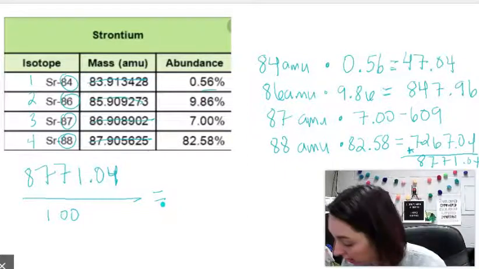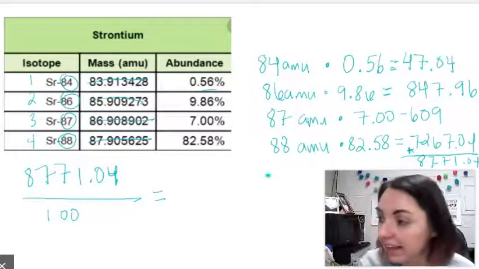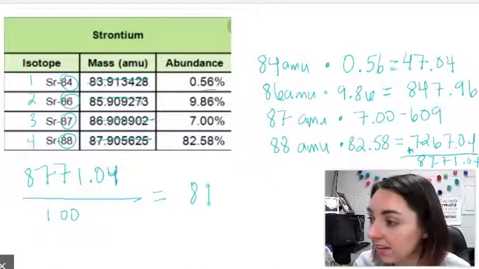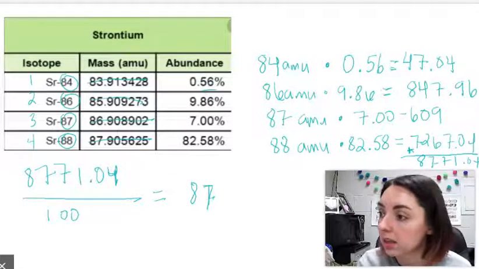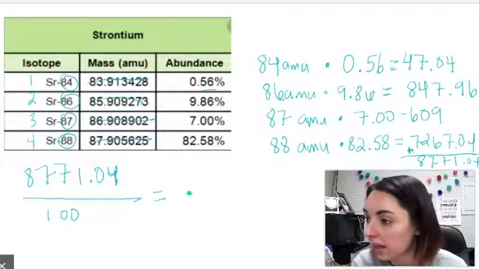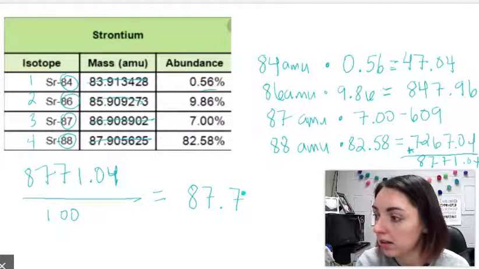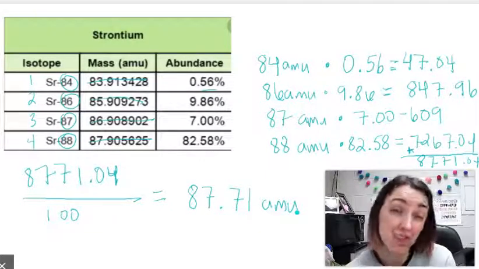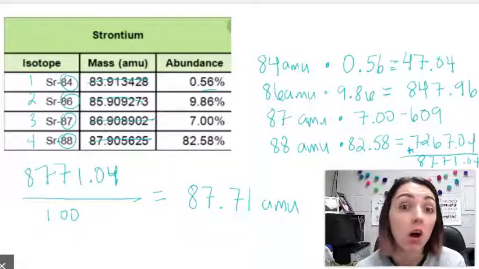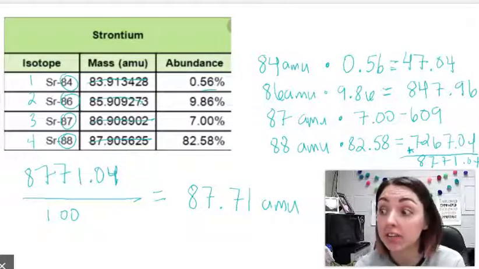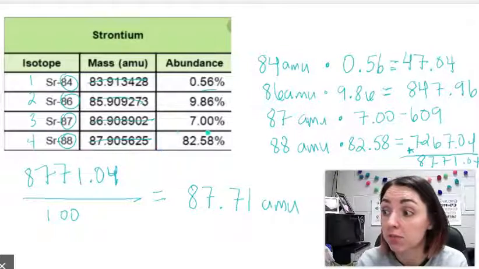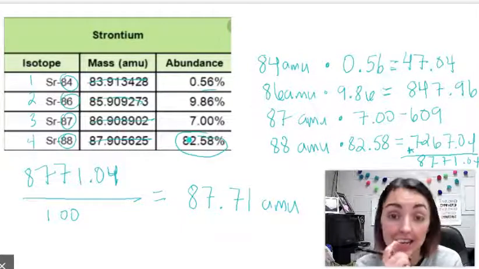When I divide by 100, I get 87.71 AMUs. And if we think back, that tracks because we said our number should be close to 88, because the biggest percentage of our sample is that 88 isotope.